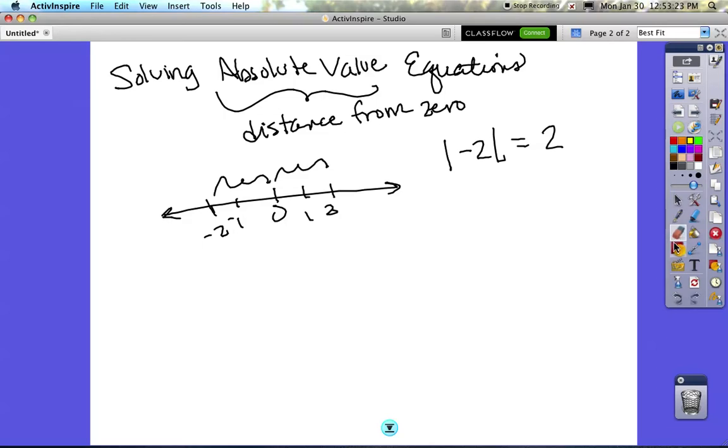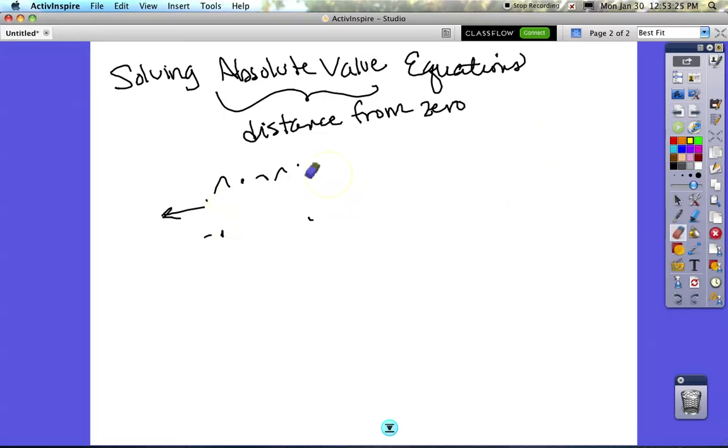So what I'm going to do is teach you some of the basics now about solving absolute value equations. The first one I want to solve is the absolute value of 5x equals 10. Okay? So the first thing you do is you take it out of the brackets, just like it is.